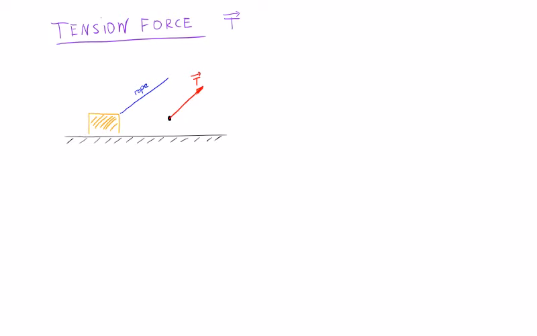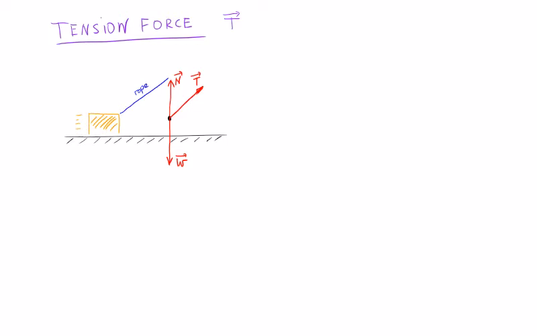Now let's try to draw other forces that we learned. Obviously this box will be moving to the right, hopefully, if the rope is pulling with enough force. So the forces that act on it would be the weight that is always downwards, the normal force that is always perpendicular to the surface, and the friction that the surface is exerting.